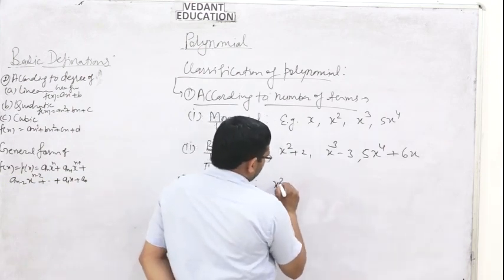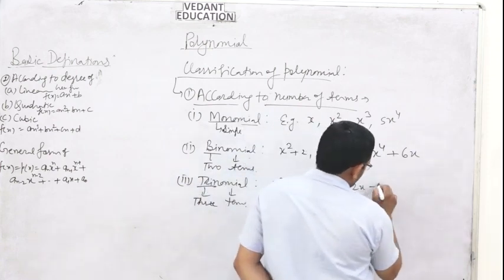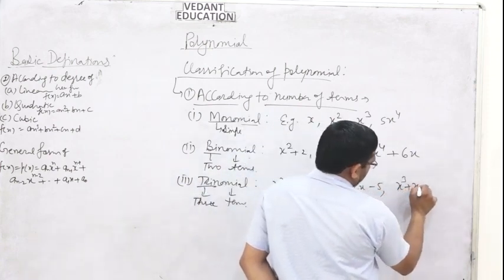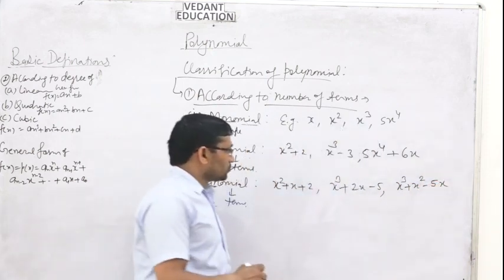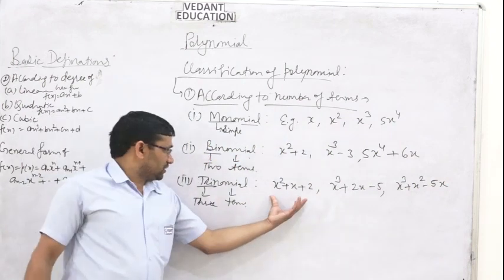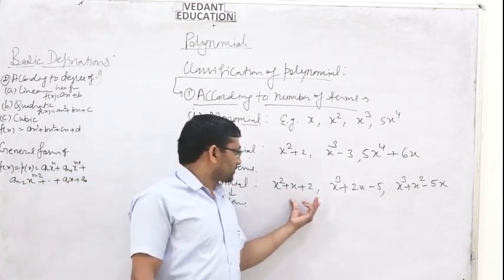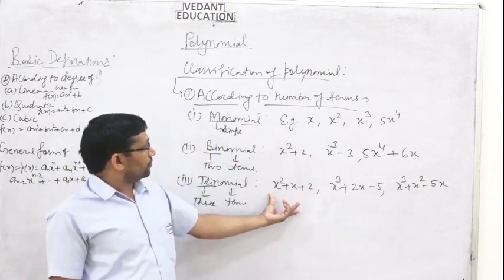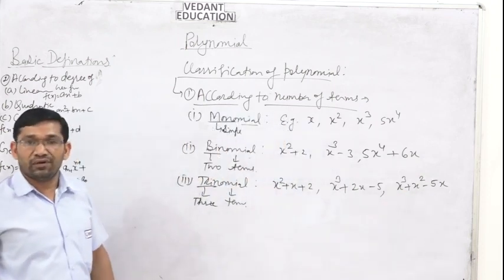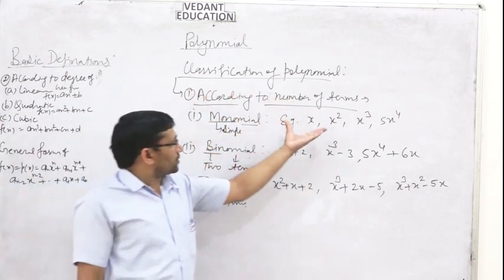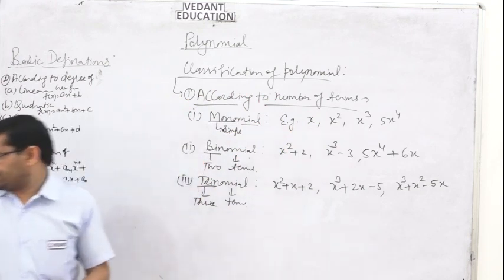For example, x square plus x plus 2, x cube plus 2x minus 5, x cube plus x square minus 5x. These all are trinomial polynomials because the number of terms is 3. So according to number of terms, there are 3 types of polynomials: monomial, binomial, and trinomial.